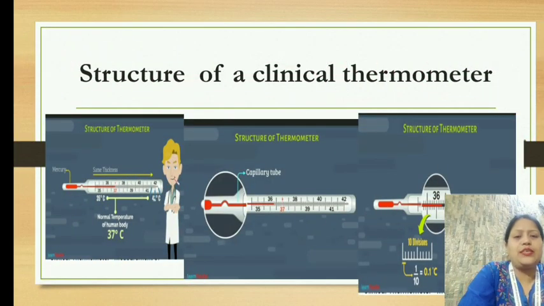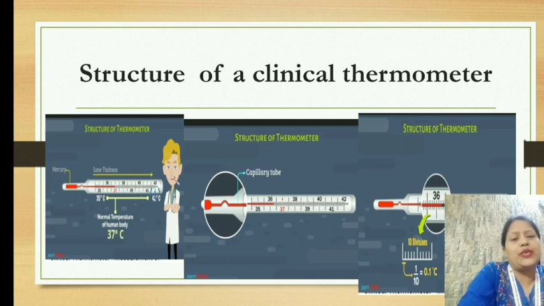So, dear students, I hope that you have understood the demonstration. Now, in this slide, you can see the diagrammatic presentation of a clinical thermometer. In the first diagram, the red colored part is the mercury, which is present inside the bulb.